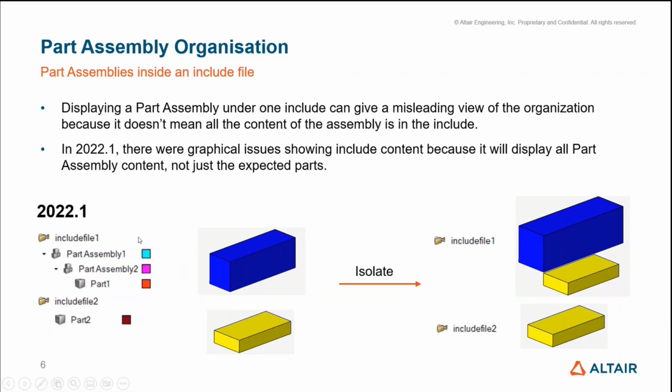So we were seeing graphical issues when you would isolate an include file: because it has the part assembly in it, it would show all of the part assembly content, even though it didn't actually own part 2, which is down here and was in a different include file. So here we get an erroneous isolate that shows this part because the part assembly is there, but the part itself actually lives in a different include.